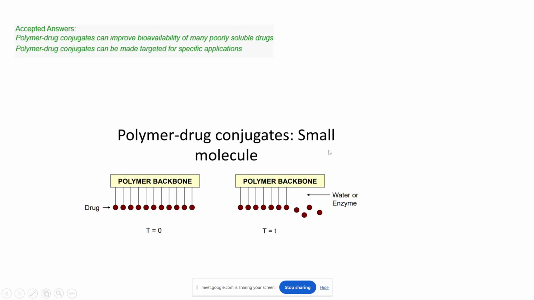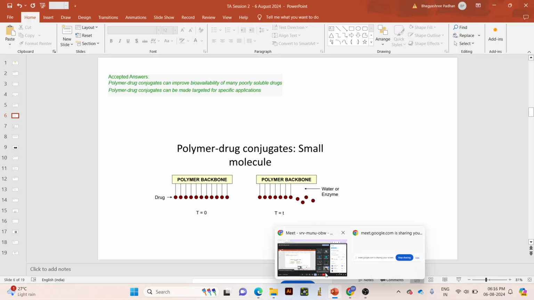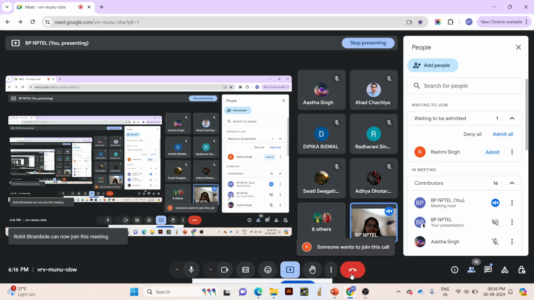So polymer drug conjugates are basically a modified version. You conjugate the drug to the polymer, and then by water or enzyme the bond between the polymer and drug breaks, and that's how the small drug molecules get released.